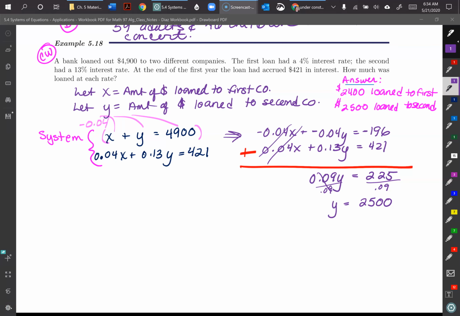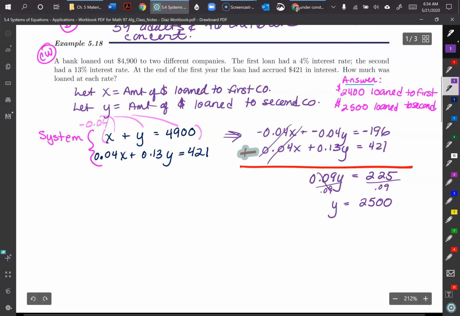So now to finish this out, I could go through and eliminate the other variable, but I'm not going to do that. I think this is pretty straightforward. I don't have fractions. Sometimes when you end up with fractions here, backsubbing is more challenging than just eliminating the other variable and working with it. But in this case, it's pretty straightforward.